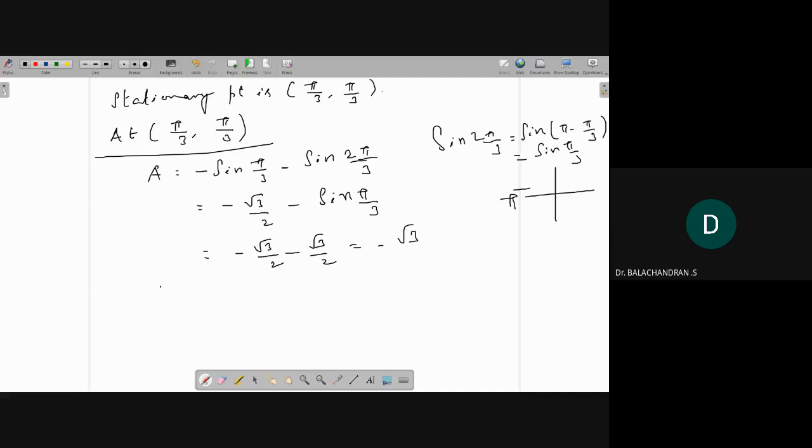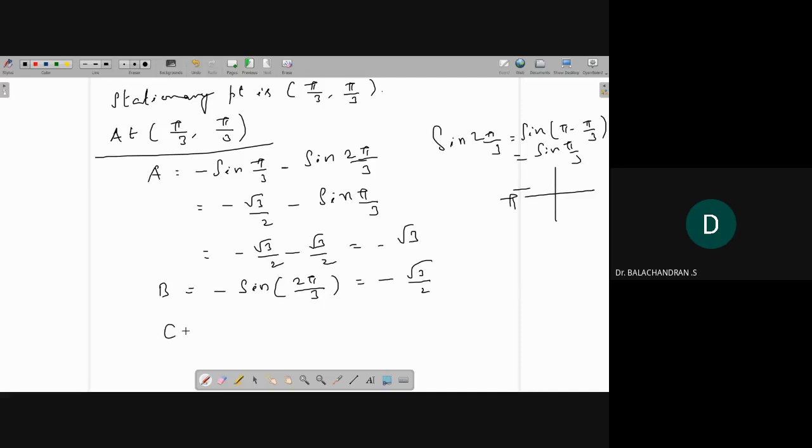So what is B? B is minus sine of x plus y. X plus y is 2 pi by 3. So as I told already, sine of 2 pi by 3 is the same as sine of pi by 3, and hence sine of pi by 3 is root 3 by 2. So minus root 3 by 2.